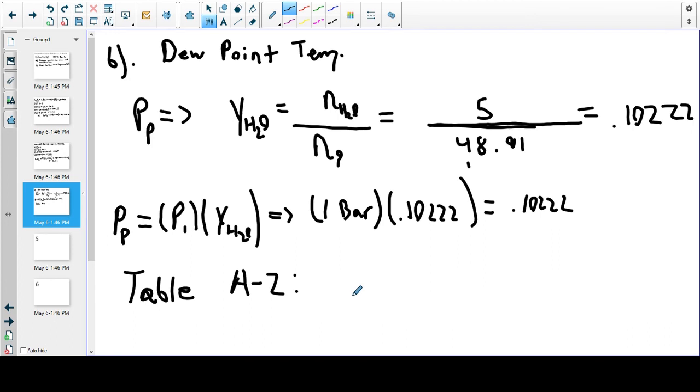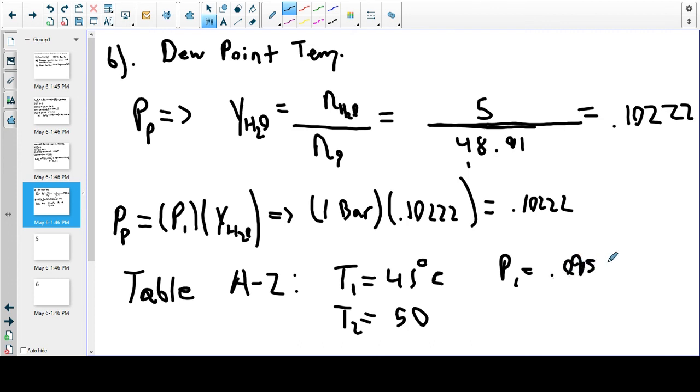So for instance, for ours, you would be interpolating between T1 to be 45 degrees C, T2 to be 50, and then P1 is 0.09593, P2 to be 0.1235, and then obviously we use our P number right here.